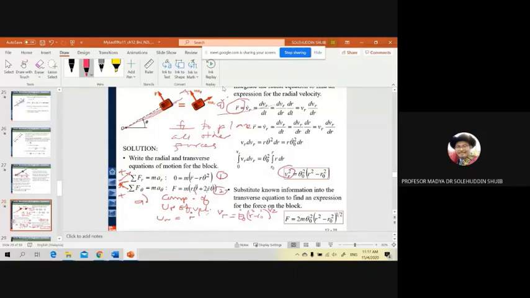For horizontal force, we set theta dot equal to a constant theta dot. So what will happen to theta double dot? What is the value of theta double dot?